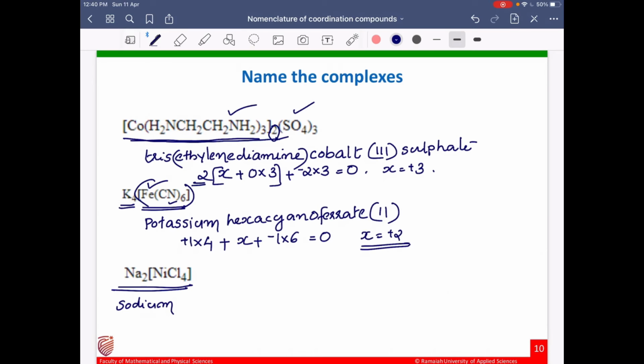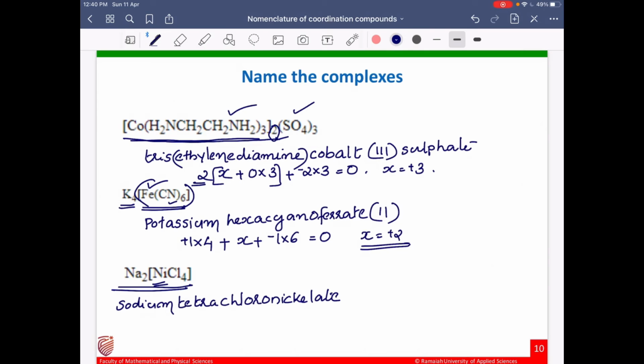So for 4, di, tri, tetra, we should start with tetra. Tetrachloro. Now next we have to write the central metal atom or ion. This metal atom or ion is part of the anion, so it should be not nickel, rather nickelate.